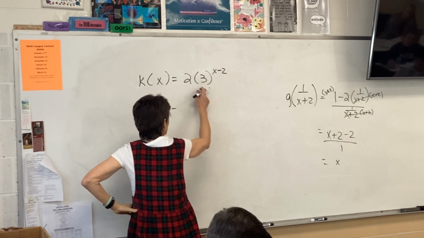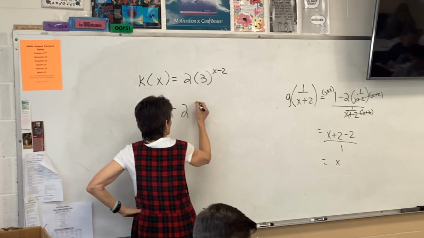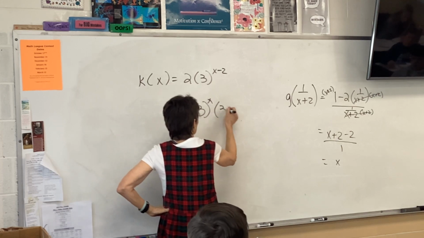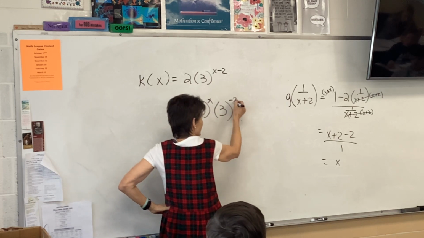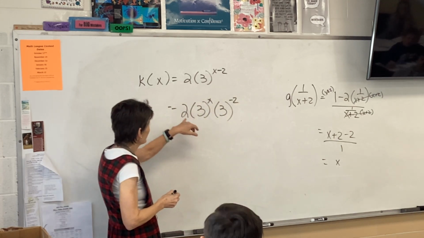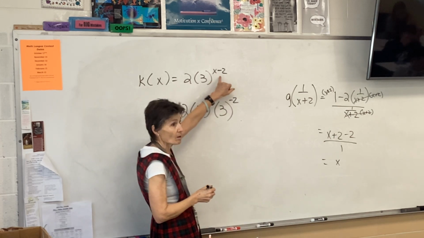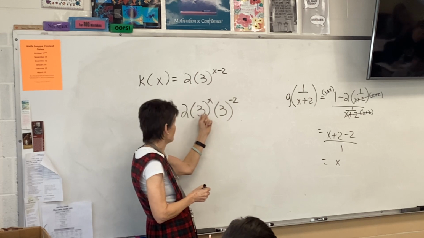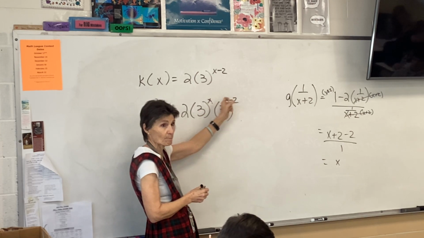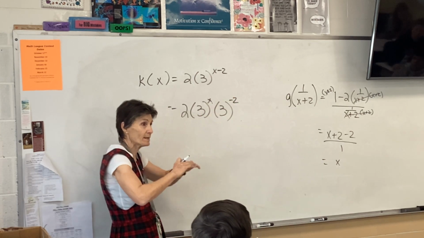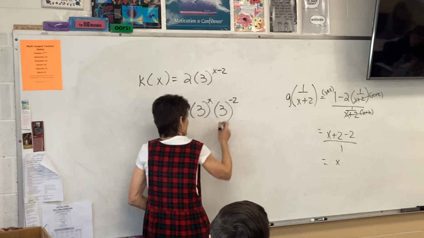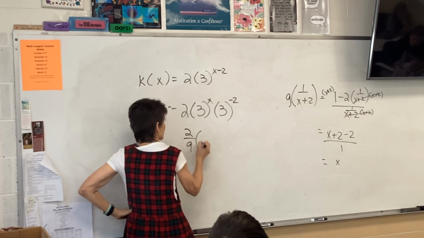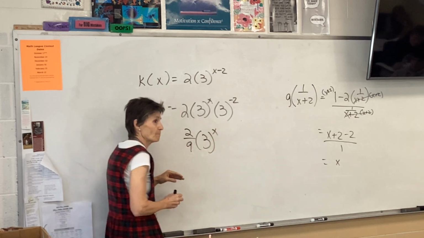What does this mean? It means 3 to the x and 3 to the negative 2nd, because when exponents are added, it means the numbers have been multiplied. When you put this together, you would add those exponents, right? So it's just undoing that. Well, what's 3 to the negative 2nd? 1 ninth. So we have 2 ninths times 3 to the x.